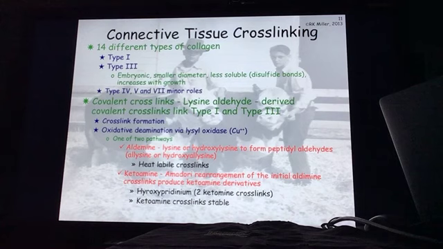Once that crosslink is formed, lysyl oxidase has the ability, on a different binding site, to do an oxidative deamination. Copper helps to catalyze that, and lysyl oxidase is the enzyme that catalyzes that reaction.